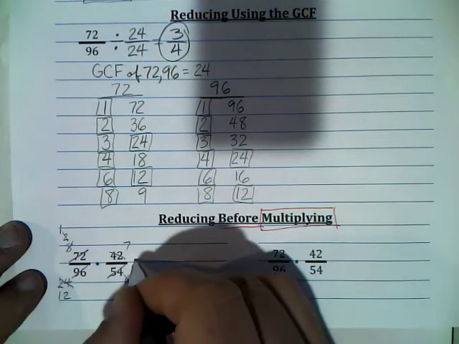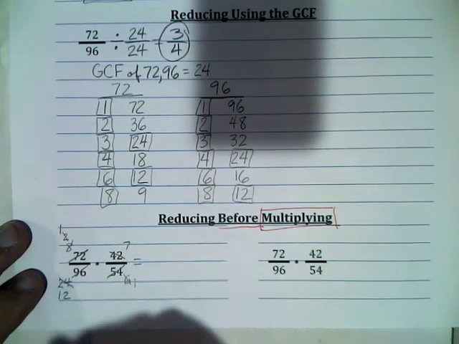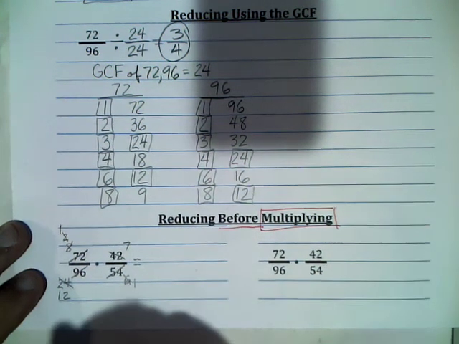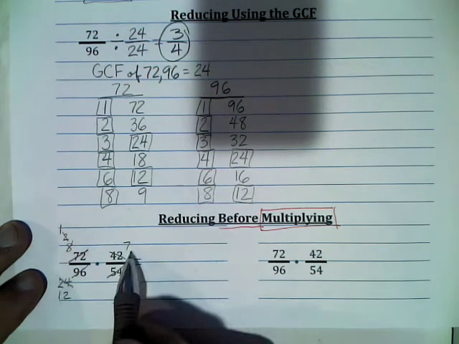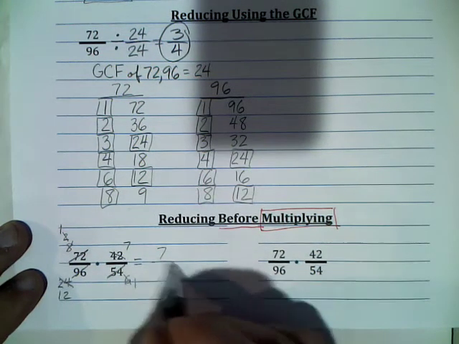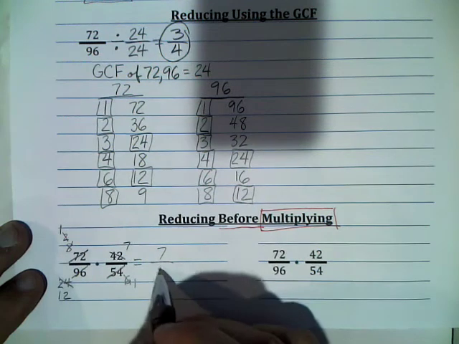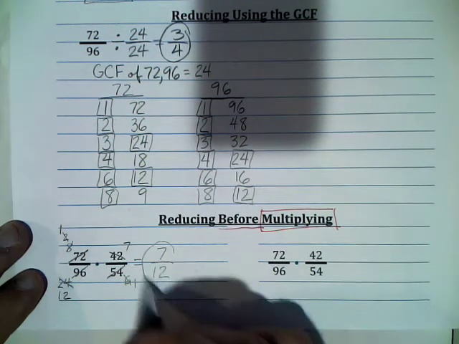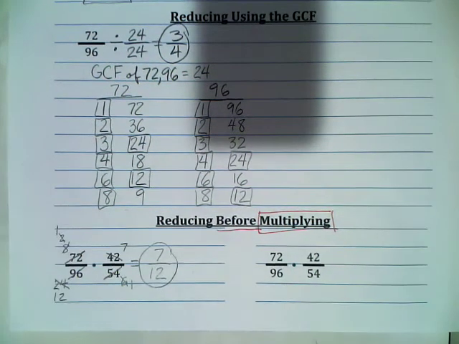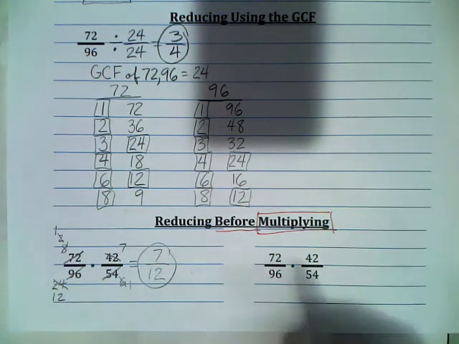So if we go ahead and multiply, our answer will be completely reduced. So 1 times 7 is 7, and 12 times 1 is 12. This is 7/12. A whole lot easier than if we were to try to multiply these and then reduce it.